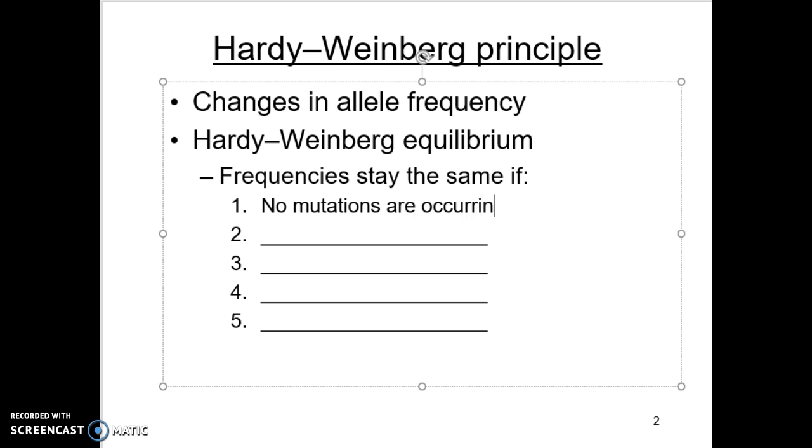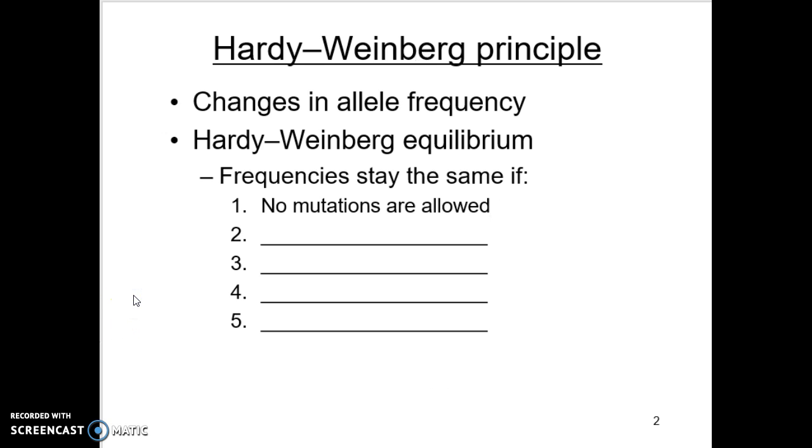Okay, so first thing, mutations are not allowed. You cannot have a mutation in a population in order for it to not be changing. If there are mutations, changes are going to occur.